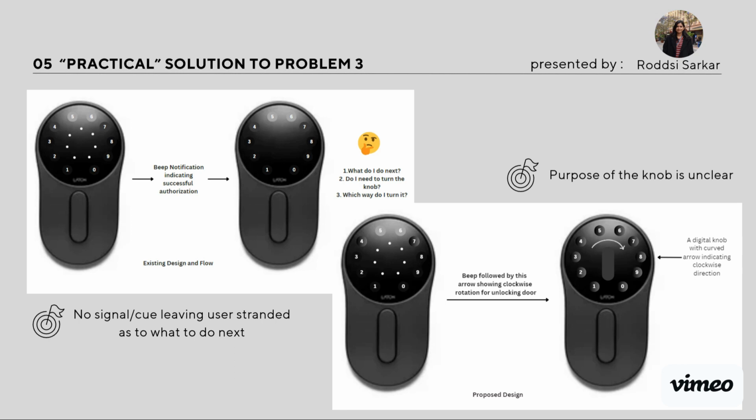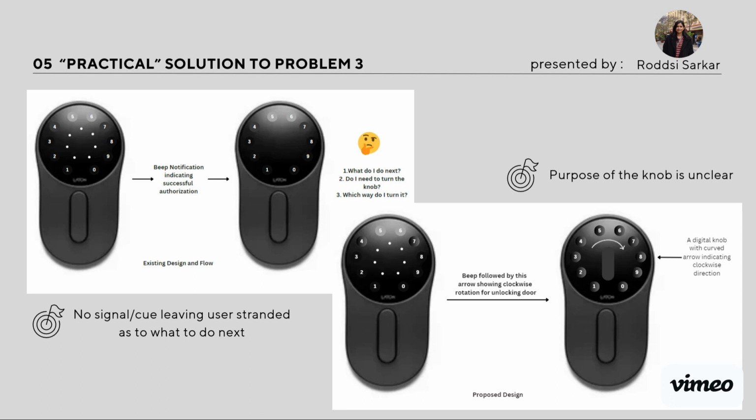Assuming that the purpose of the knob is unclear, or he or she doesn't know what next step to follow. On top of that, being in knowledge-based mode, getting to the root cause of the failure is difficult, as the user may incorrectly think that he or she entered the wrong code, or that there was a system communication lag, without identifying the actual problem, which stays latent and is actually the fact that there's no instruction that says which way to turn the knob or handle.